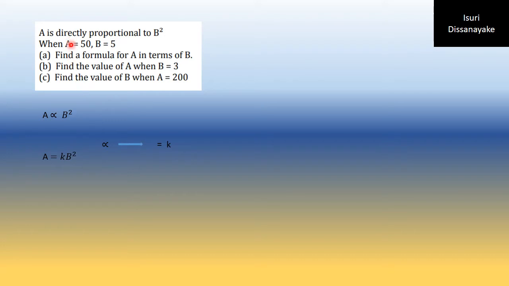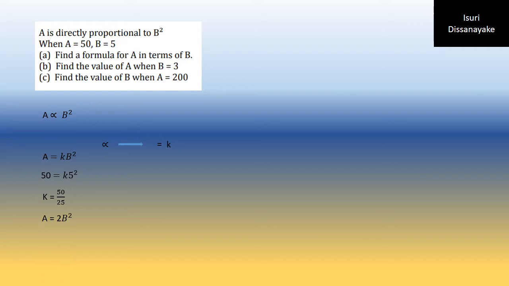Now you are going to substitute the values of A and B and then you can work out the value of K. So let's substitute the value of A, which is 50, and B, that is 5, so you have to square it, and you can find the value K as 2.